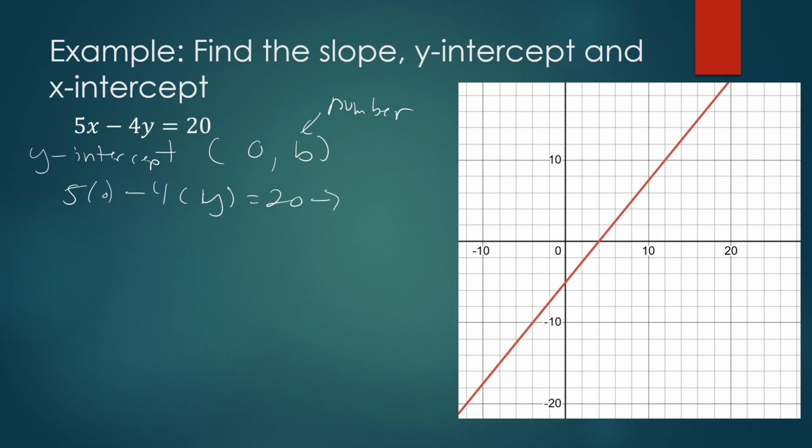This implies that y equals negative 5. We can see on our graph that right there is the ordered pair 0, negative 5.